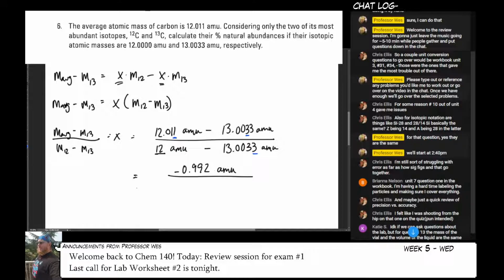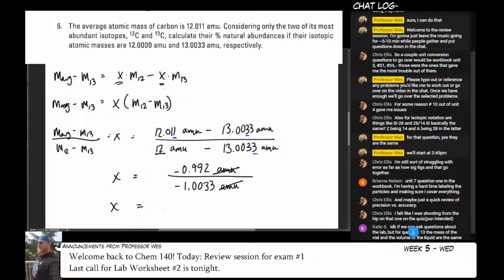And then for the bottom calculation, 12 minus 13.0033, I get 1.0033. And my AMU cancels out. And this is all x.